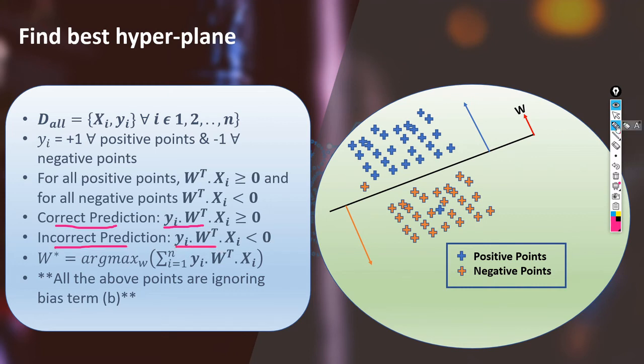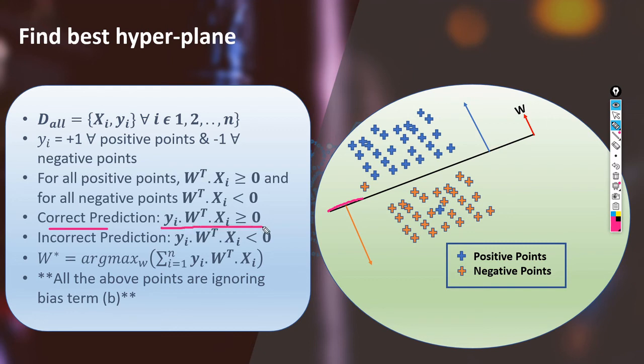So now what is the crux of logistic regression? We have to find a hyperplane that will minimize the error, or we can say maximize the signed distance, right? Because for all the correct predictions, the signed distances are positive.